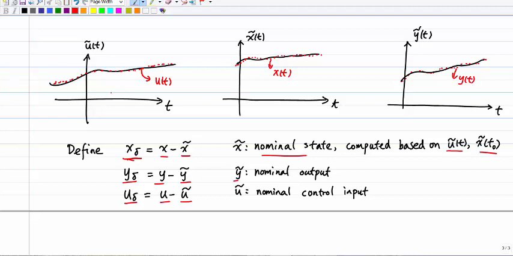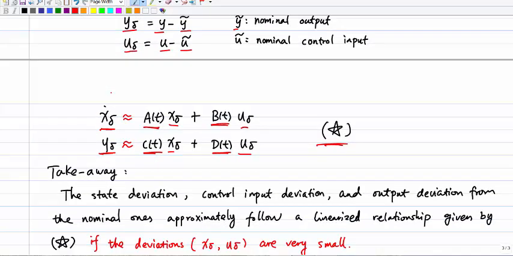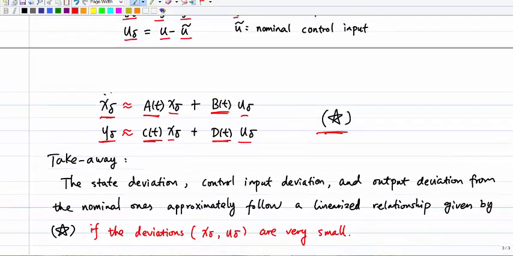If I make a small deviation from the nominal input, then the deviation of the state and the deviation of the output satisfy the linearized ABCD form. Here A, B, C and D are independent of the state and the input, so they could be a function of time, or a constant. That's the key idea of the linearized system.